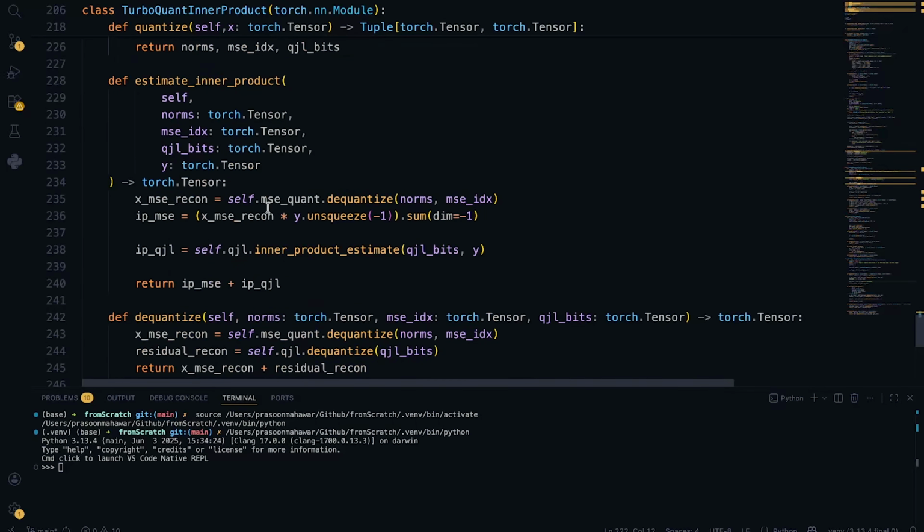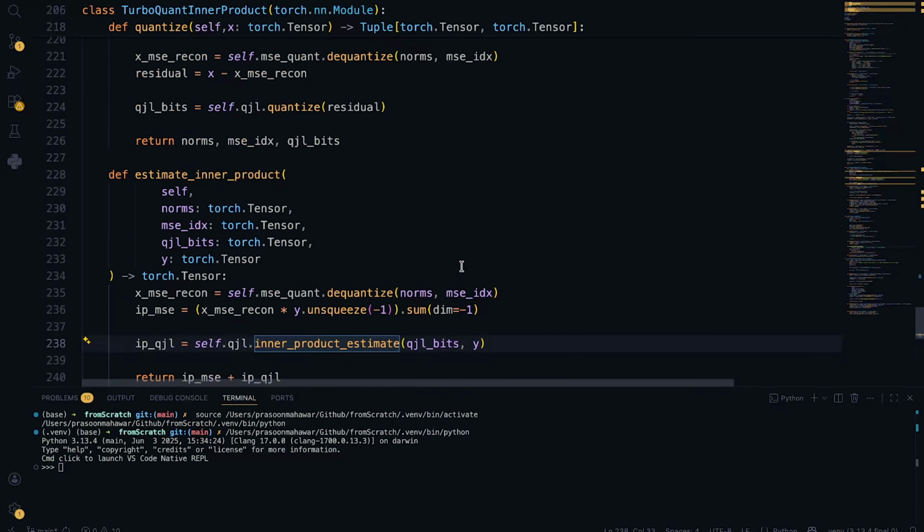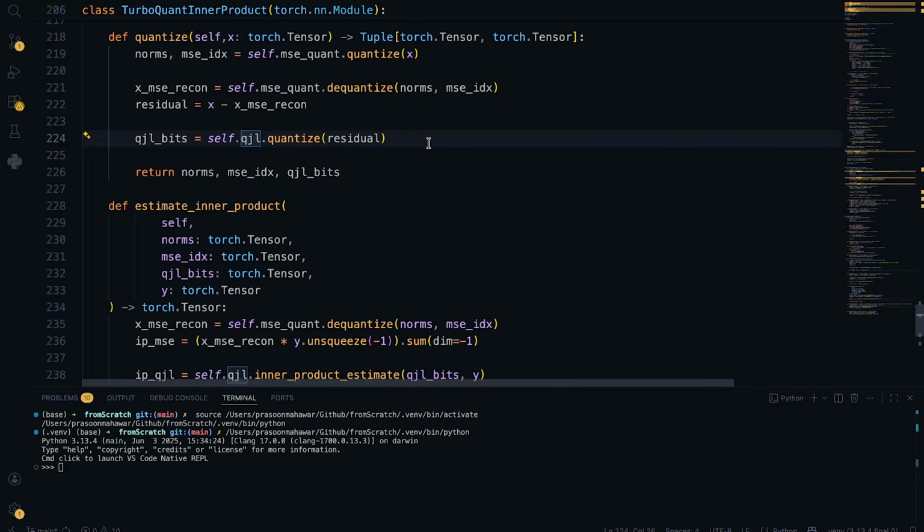Then the self.QJL quantize, sorry, where is that? Yeah, this one. The self.QJL quantize with the residual. We apply the 1-bit QJL to this small residual vector, because the absolute value of the residual is small.